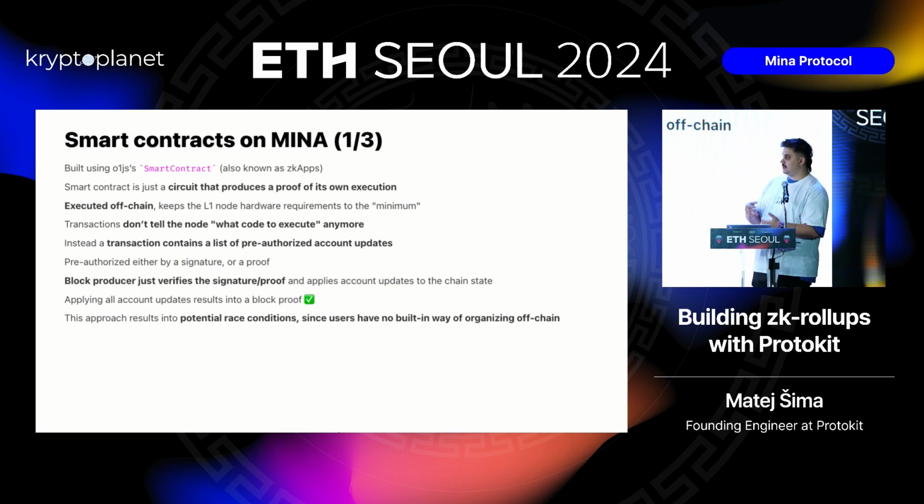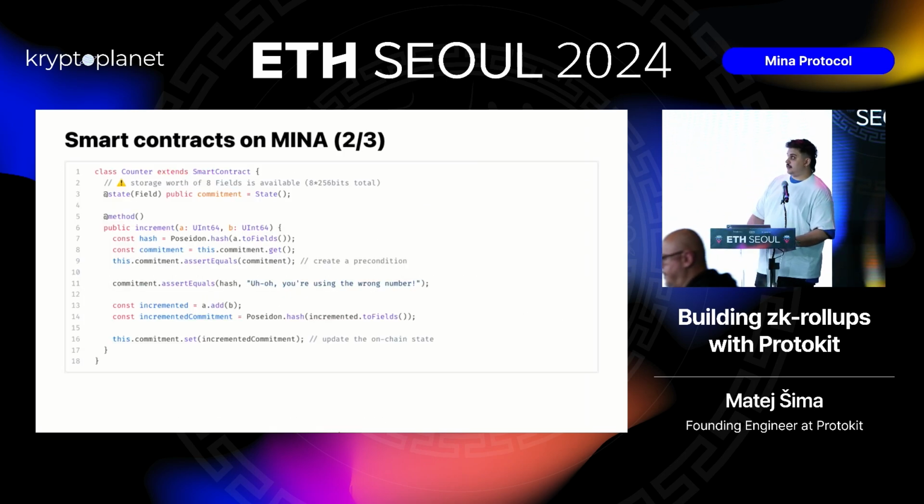And when the node is producing a block, it has to discard certain transactions because they were done on top of the same data, but the chain data has already moved forward its state because one of the earlier transactions was applied. So there's no built-in way for users to organize off-chain to prove the contract execution sequentially on top of changing data.